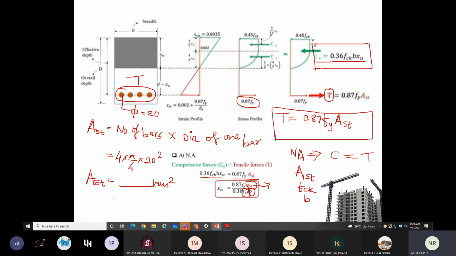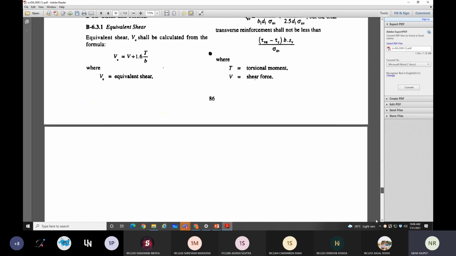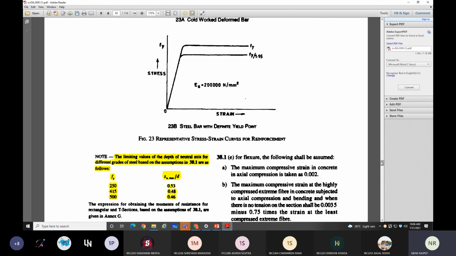Yes, ma'am. Right, and if I write this equation by dividing both sides by d, my equation will not change, the value will not change, I have only written the equation in this way, b into d, both sides divided by d. If you do so, you need to open Annexure G in IS 456.